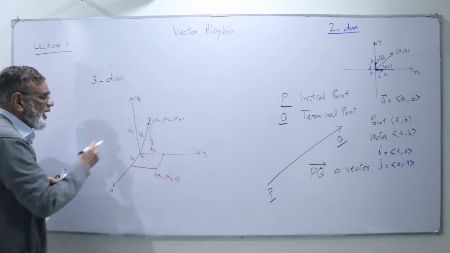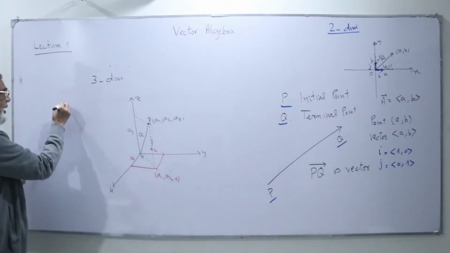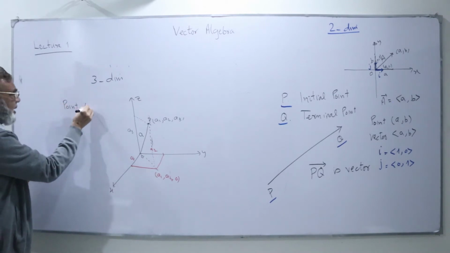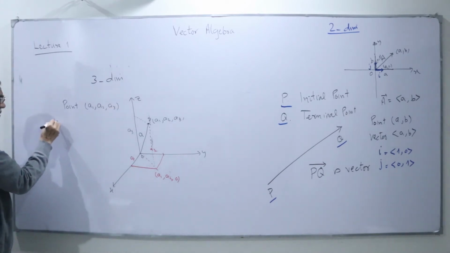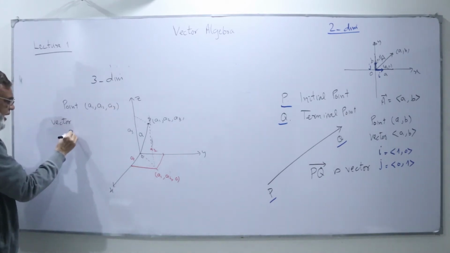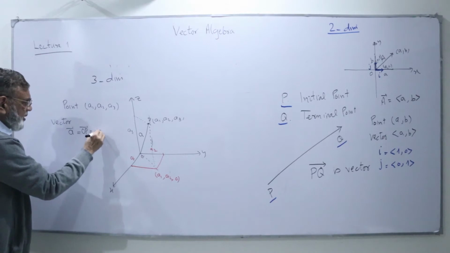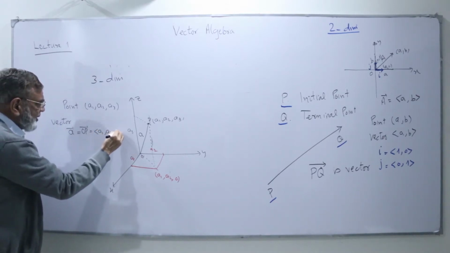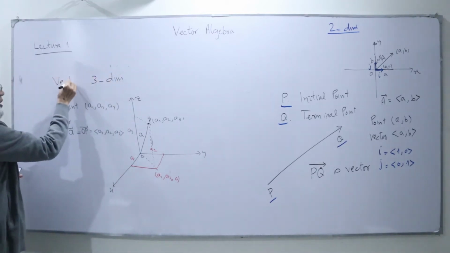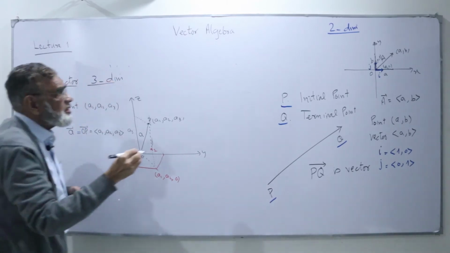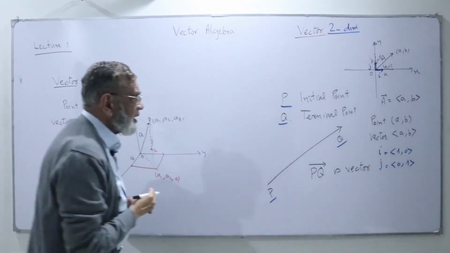The point is (a1, a2, a3), and the vector A, which is OP, I denote with brackets as (a1, a2, a3). This is how I show a vector in 3 dimensions, and this was the vector in 2 dimensions.